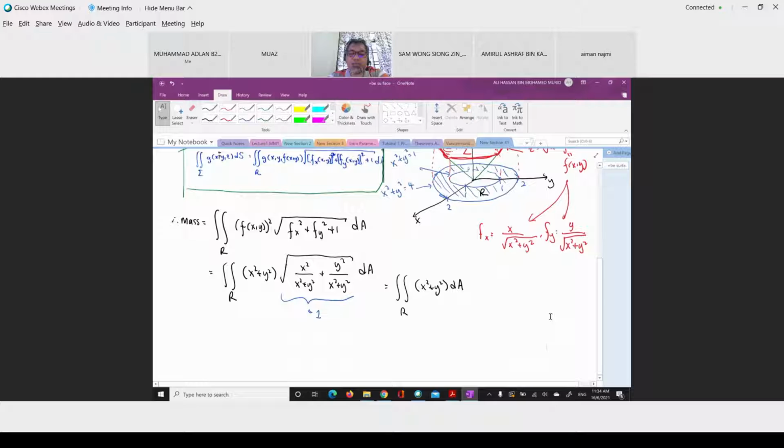Look at the region R. It is circular, isn't it? This region R here is bounded by two circles. So that suggests using polar coordinates, right?